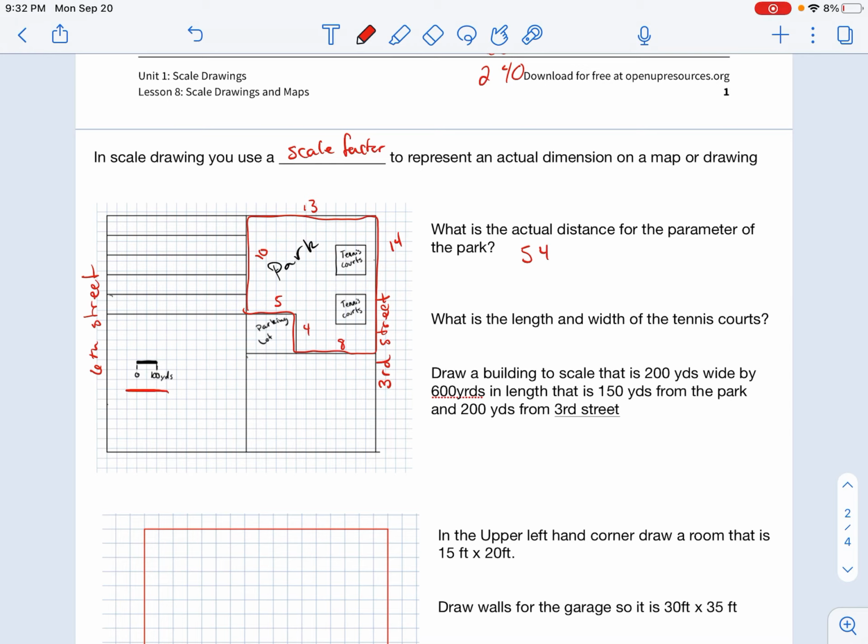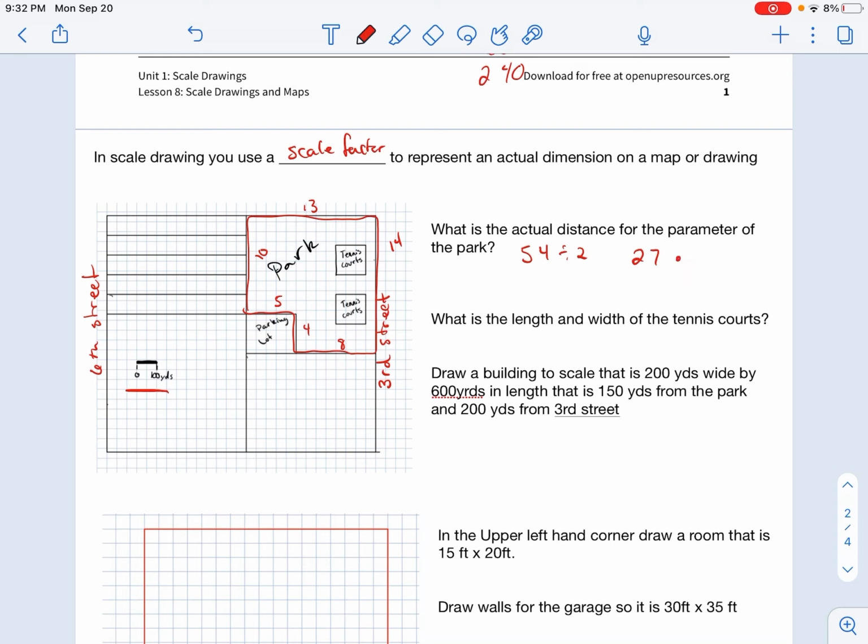Now, every 2 squares is 100 yards. So we can divide this by 2, and you'll get 27. And there's 27 units of 100 yards in there.